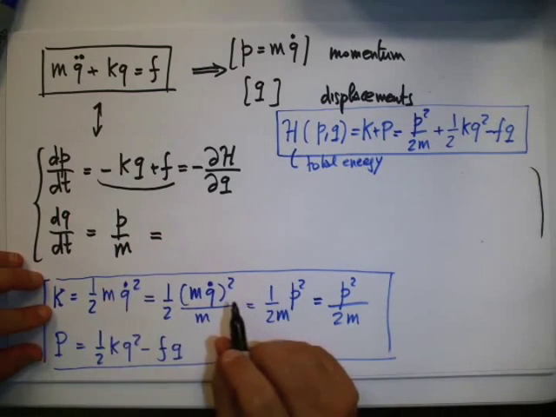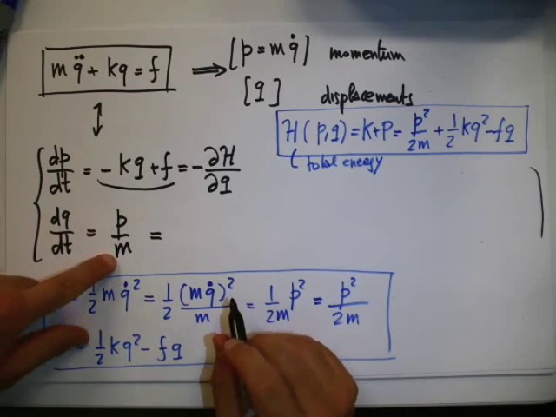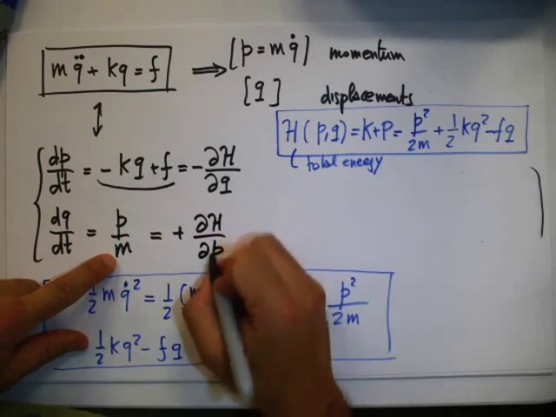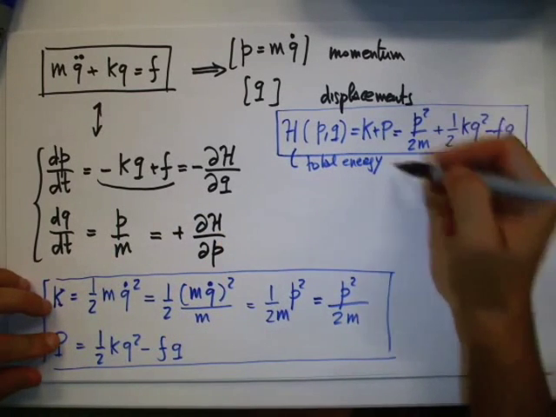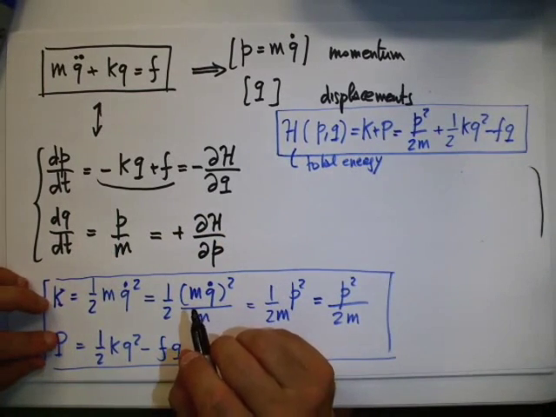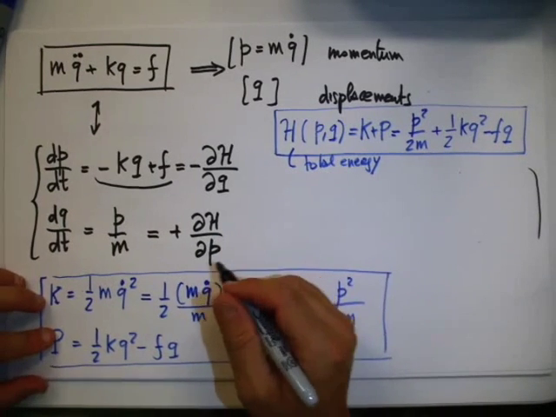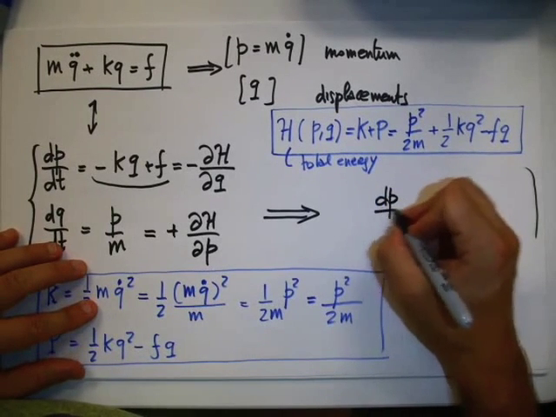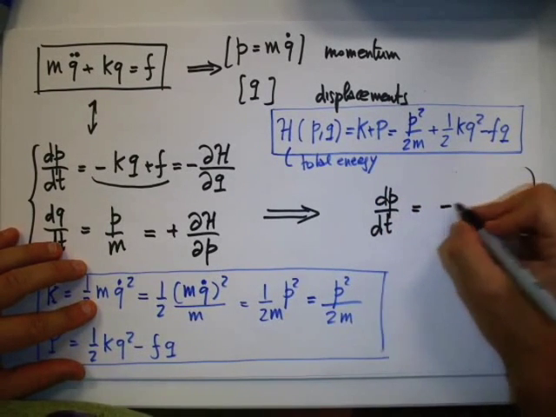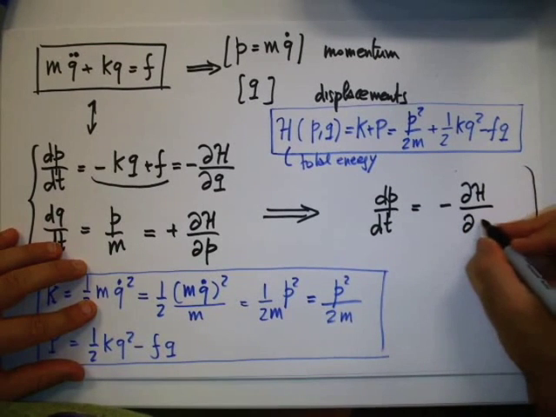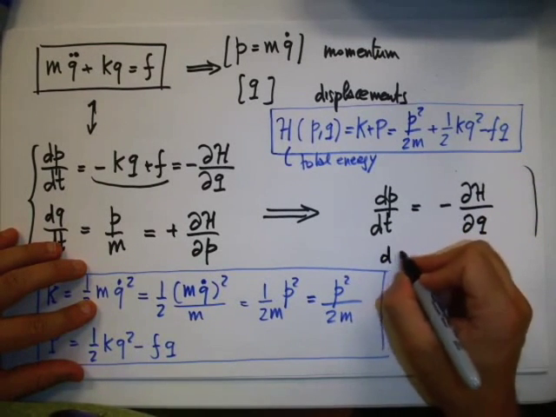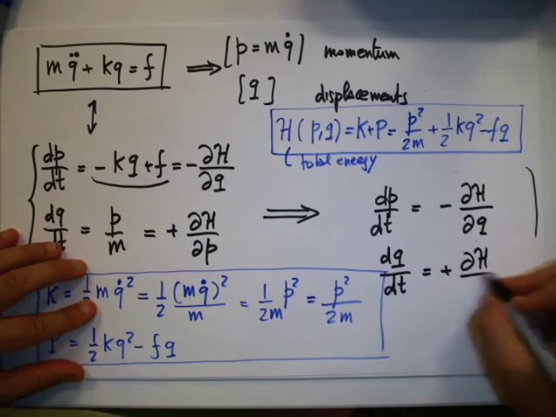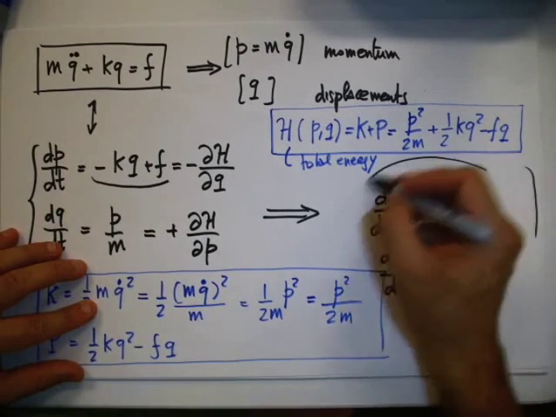And then it's also pretty straightforward to realize that p over m is plus the partial of H with respect to p. So now we get this alternative, more general formulation: dp dt equal minus partial of H with respect to q, and dq dt equal plus partial of H with respect to p.